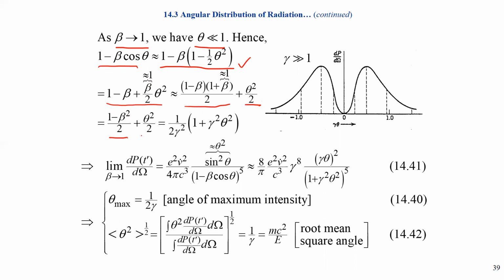So 1 minus beta squared over 2, theta squared over 2. So it equals 2 gamma, 1 plus gamma squared theta squared. Therefore, this one can be rewritten into this one. And sine theta, we can rewrite into here.